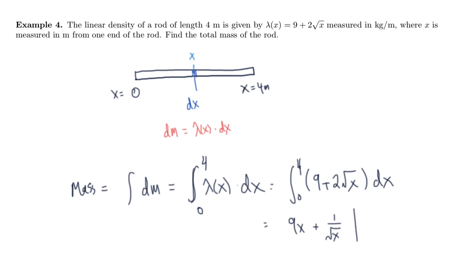Actually, I'm not correct with the antiderivative of root x. Yeah, so what's the antiderivative of square root of x? Well, square root of x is x to the 1/2, so I should add 1 to the exponent and get 3/2. So this should be 2 times, it's going to be x to the 3/2 divided by 3/2, so times 2/3. And then evaluated from 0 to 4.